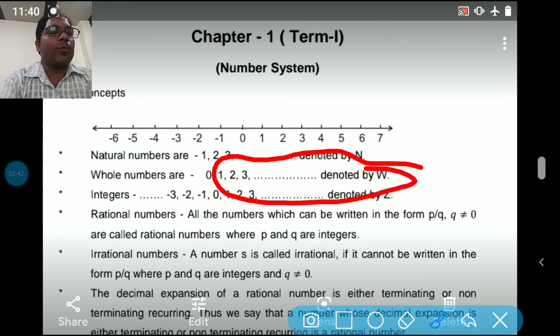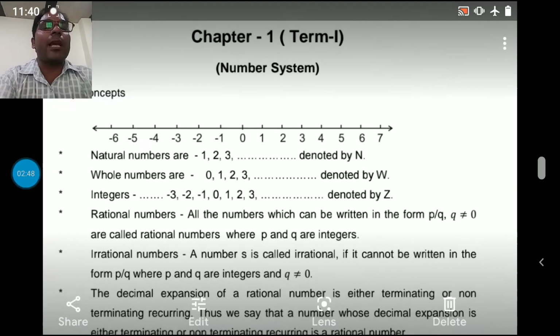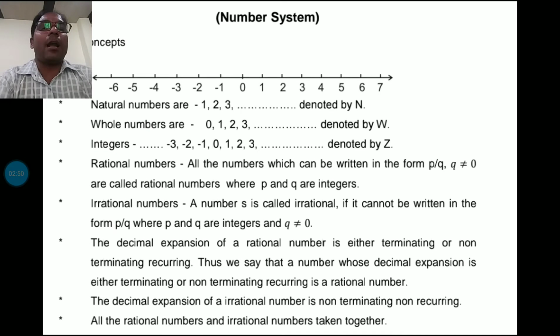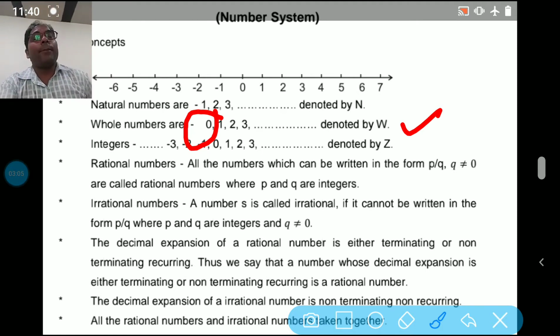So we can say that all natural numbers are whole numbers, but we cannot say that all whole numbers are natural numbers, because 0 is not a natural number.